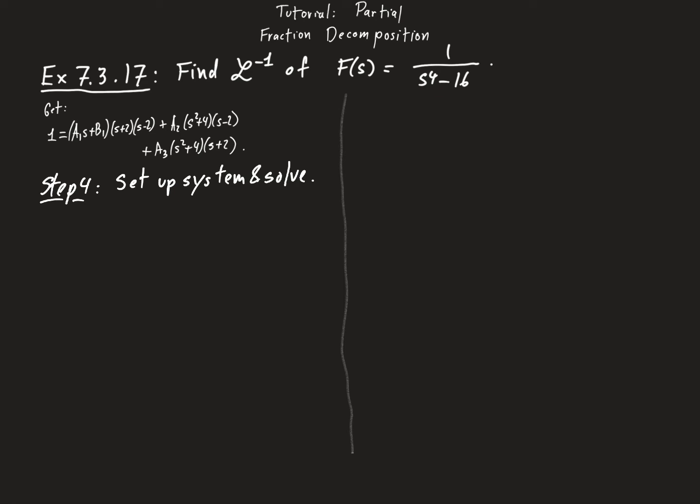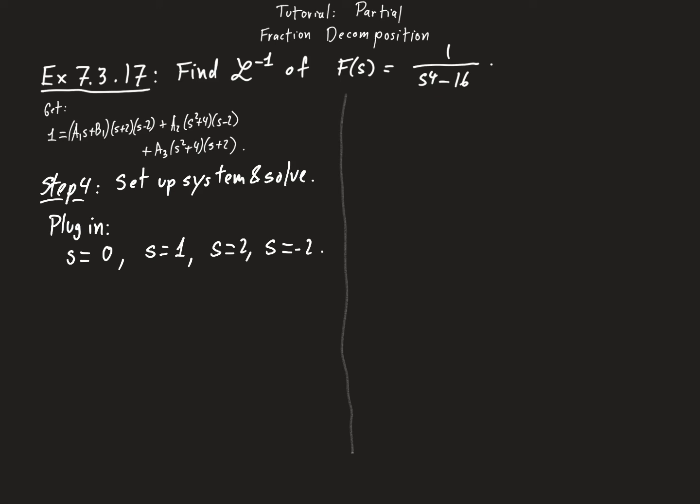So what I'm going to do here is plug in the following values. I'm going to plug in s equals 0, s equals 1, s equals 2, and s equals negative 2. Now, I do want to note that any 4 different values of s should work unless there are perhaps some very strange situations in which that may not be true.